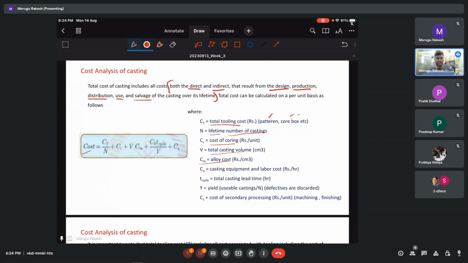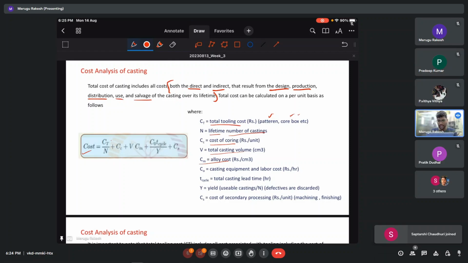We'll see how these are calculated. Y is the yield. Defectives are discarded, and the rest is taken into account. The sprue and gating system, which don't actually help, can also be included in this yield. Then the cost of secondary processes such as machining and finishing is CS. Let us see how each term is calculated.